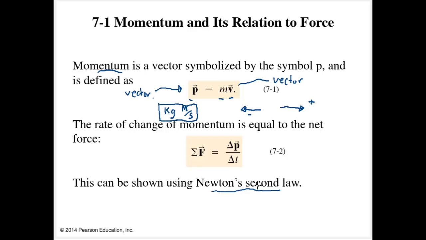If you follow section 7.1 of the book, you can see how they talk about the acceleration being the change in velocity, and the sum of forces is going to be equal to the change in momentum.